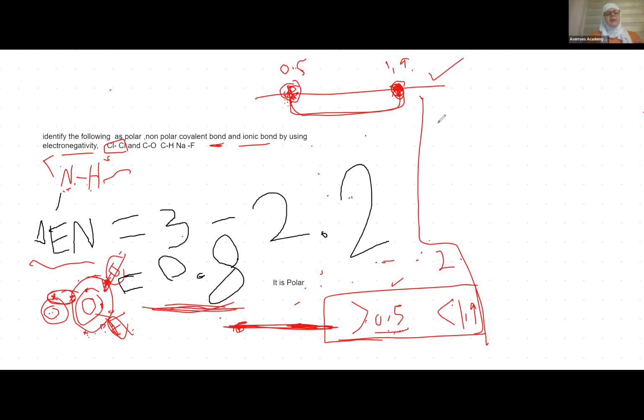From here comes that the bond is polar, and this bond is polar, and this bond is polar.